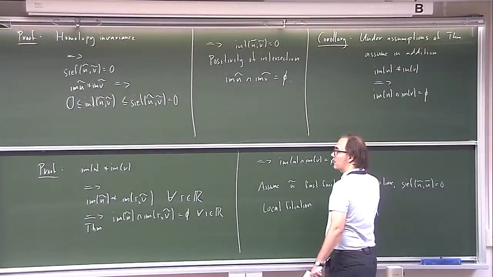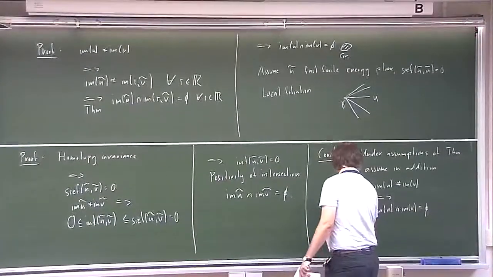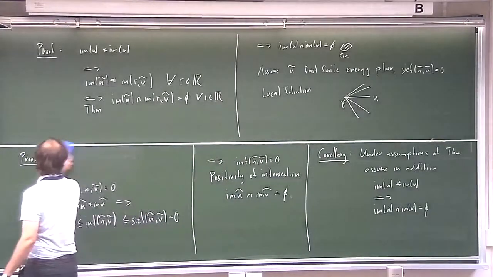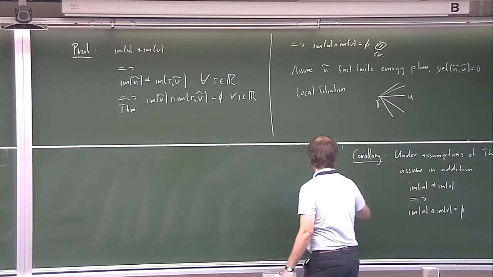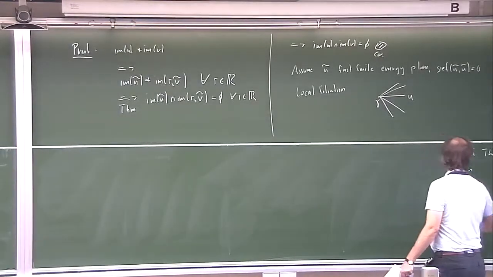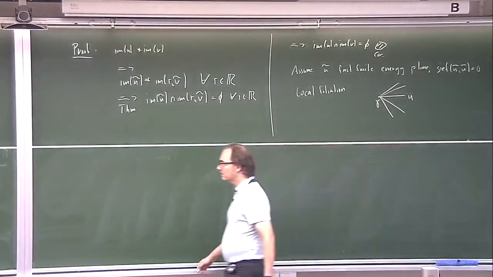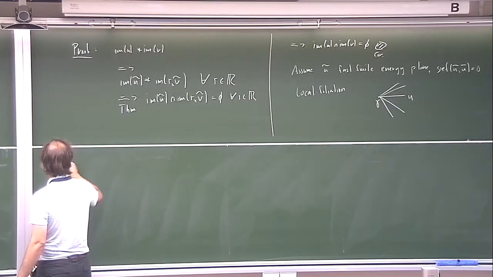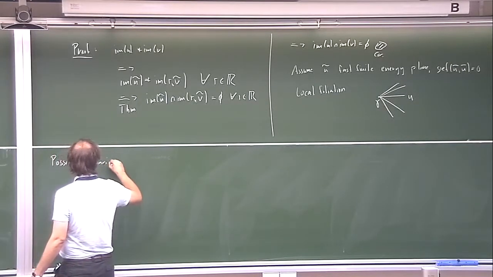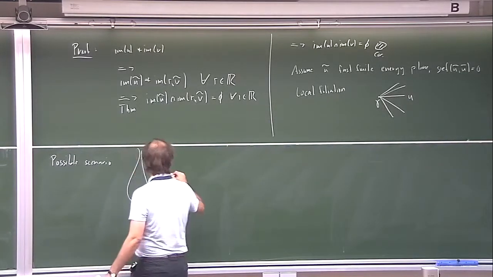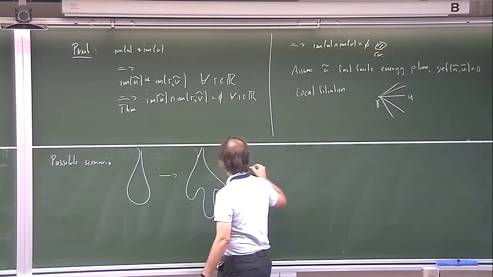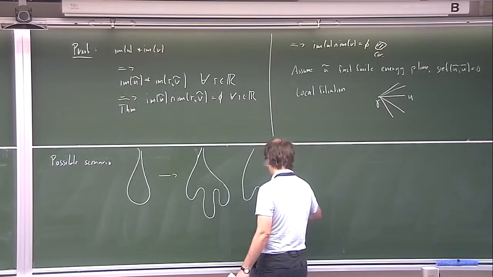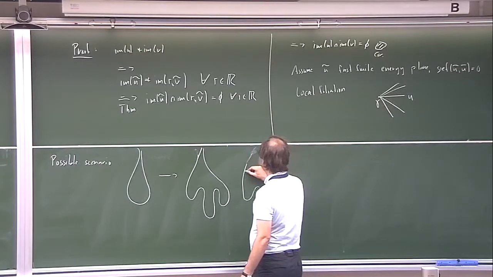A possible scenario: we have this finite energy plane, and now a family, like this, and then like this.